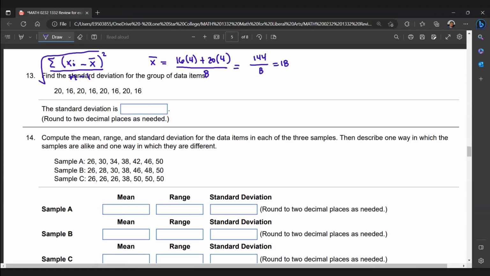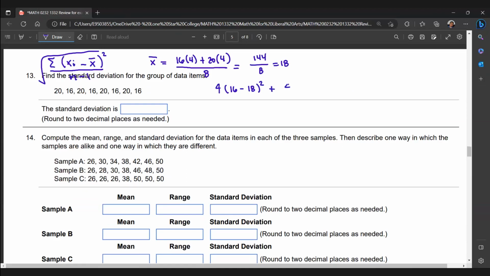So then we will have to do this. 16 minus 18 quantity squared, and we have to do that 1, 2, 3, 4 times. But since we know we're doing that same operation 4 times, I'm just going to stick a 4 there.